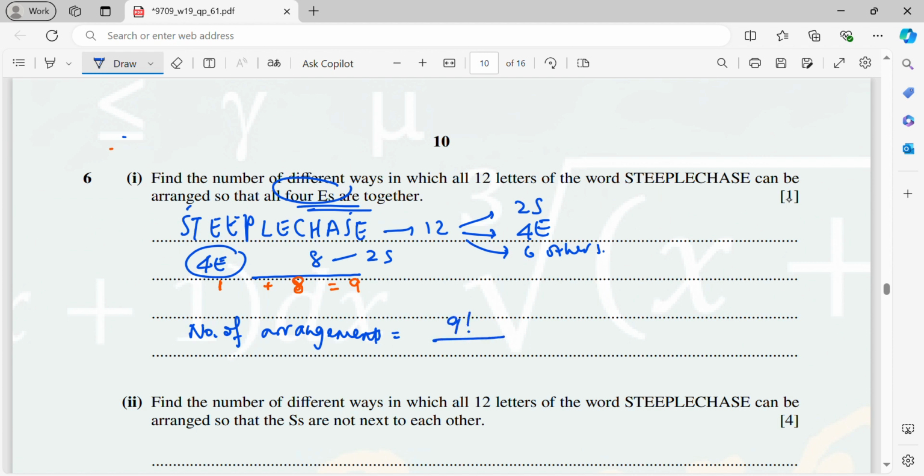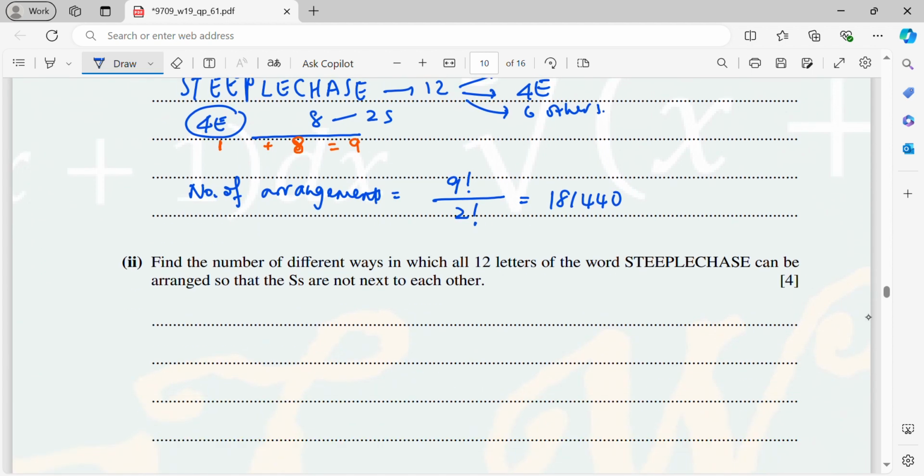But out of the 9 letters, it will be 2 S's, so 2 factorial. Now for the 4 E's, since they are all together already, we treat this as 1, and there's no difference among the 4 E's. Therefore, your working is just 9 factorial over 2 factorial. That is 181440. We do not need to consider the E's because we are treating them as 1 letter.